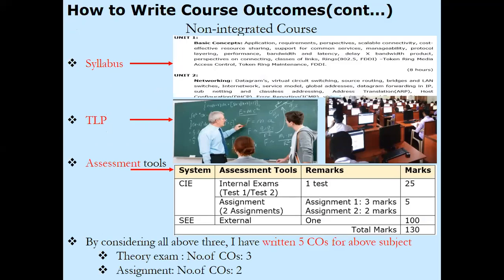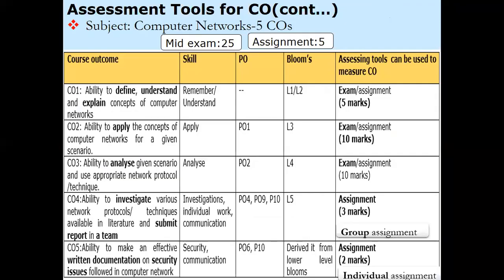Now, from the theory exam point of view, I have written the 3 course outcomes. From the assignment point of view, I have written the 2 course outcomes. Now, writing the course outcomes is not a big deal, but you have to validate your course outcomes with respect to what assessment tools you are using.